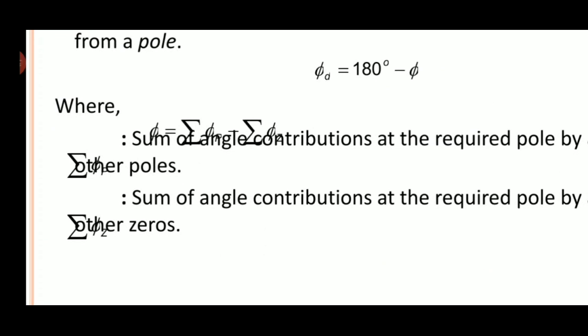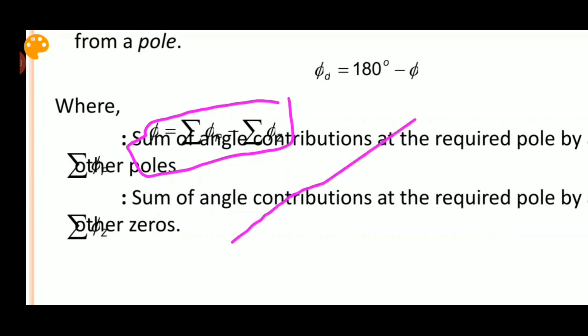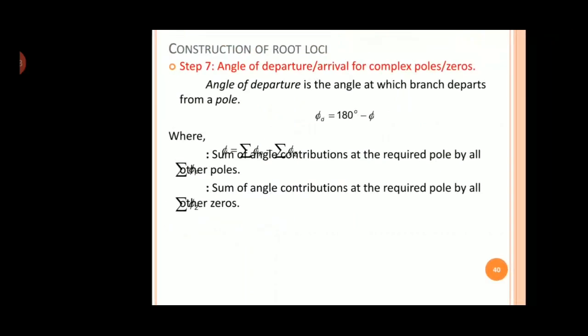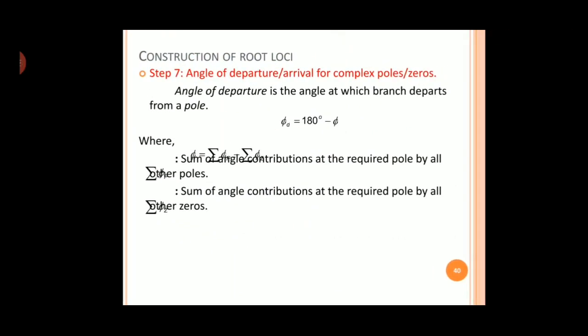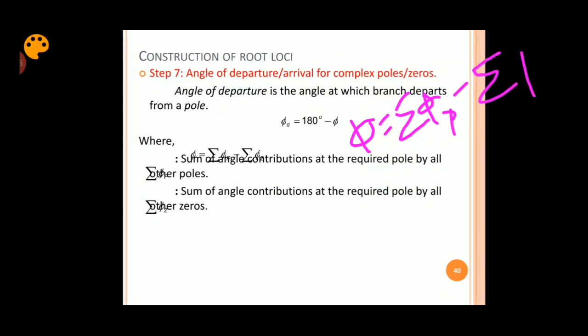So I'll read out for you where phi is. Phi is summation phi p minus summation phi z.